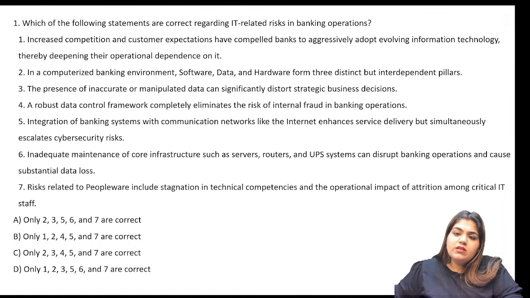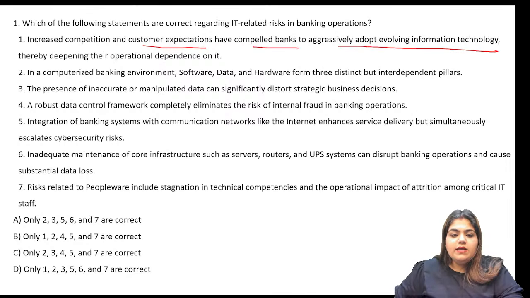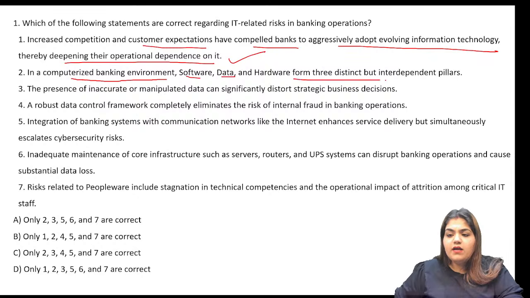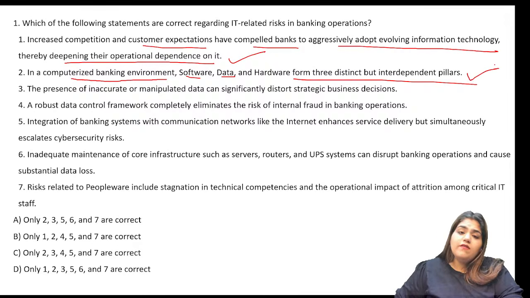Increased consumption and customer expectations have compelled banks to aggressively adopt IT, thereby deepening their operational dependency on it. Yes. In a computerized banking environment, software, data, and hardware are 3 distinct interdependent pillars. Yes, without hardware, there will be no software and there will be no data. And everything is interdependent.